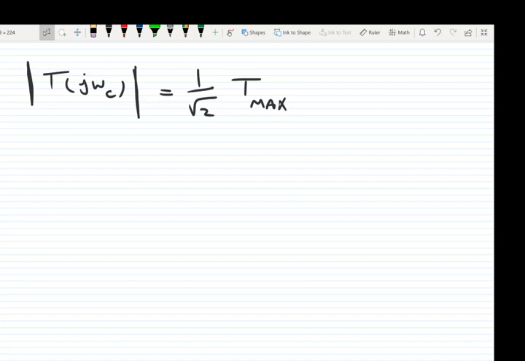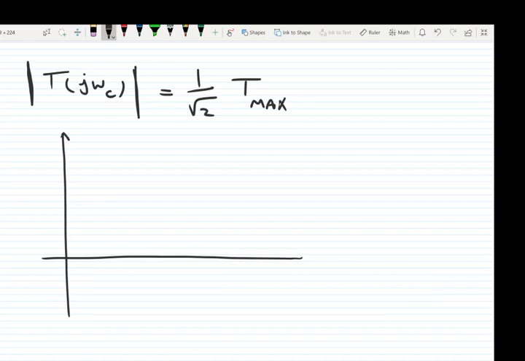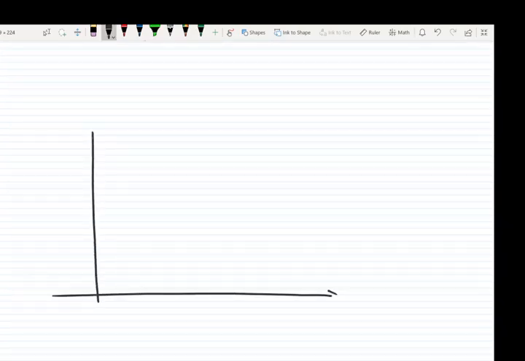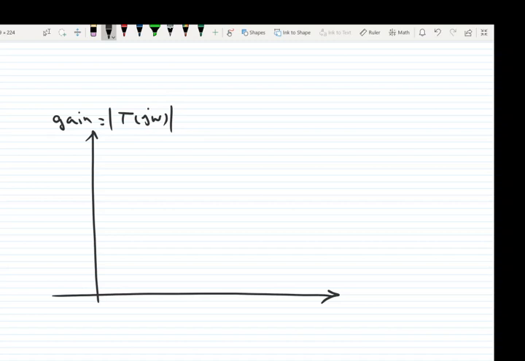Okay, so let's show it in a graph. Here is the gain, which is the amplitude of T of j omega, and here is the frequency response.